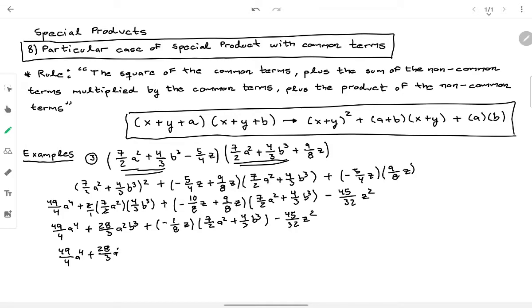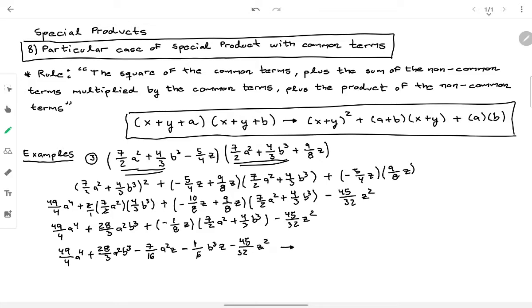28/3 a squared b cubed minus 7/16 a squared c minus, 4 and 8, we can simplify it, so it's going to be only 2 on the bottom part, so it's going to be 1/6 b cubed c minus 45/32 c squared.